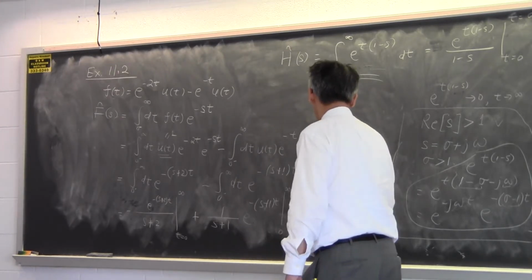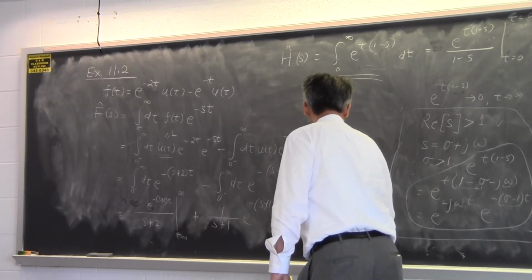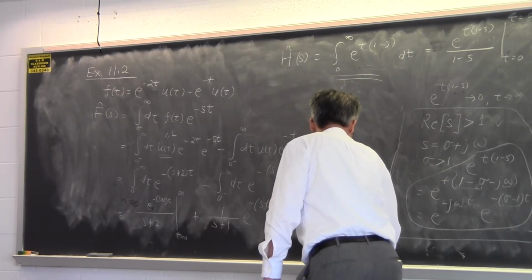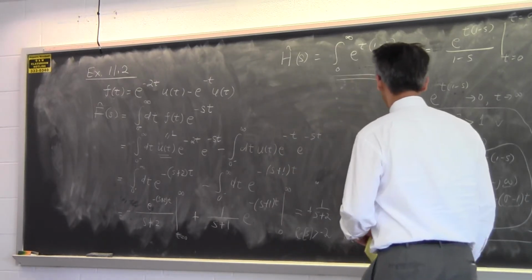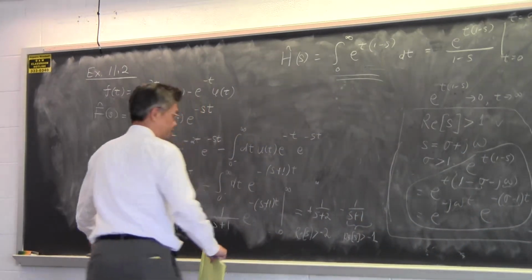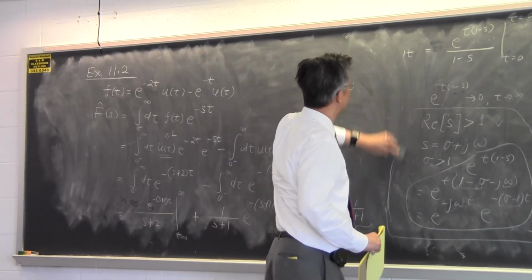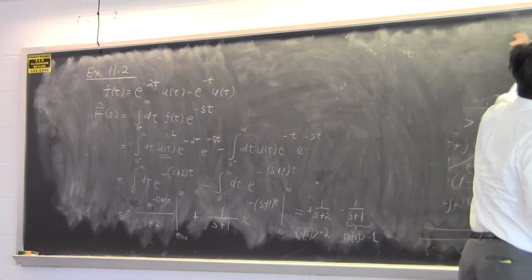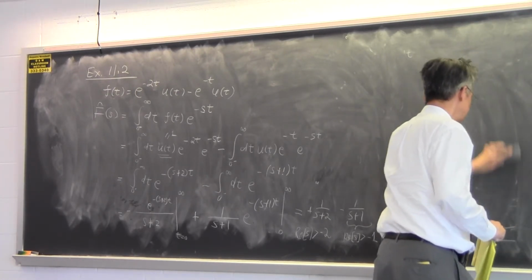The second one will converge to 1 over s plus 1 if the real part of s is larger than minus 1. So the two of them have two different regions of convergence. The ROC for both of these terms are different.